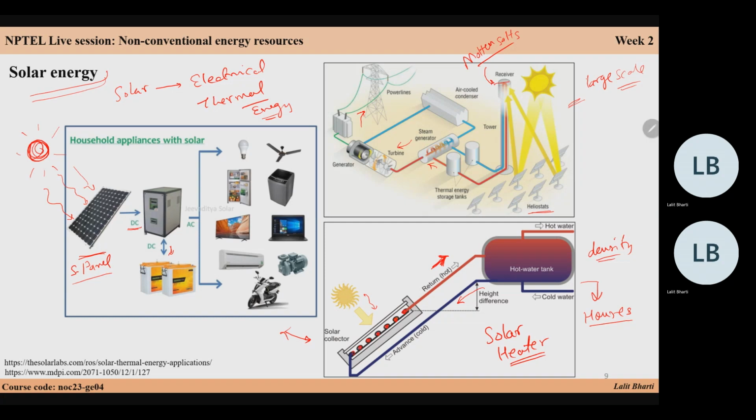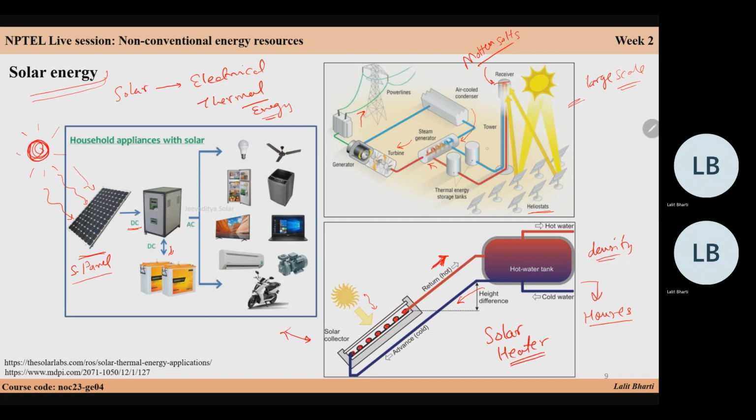Then this steam will be cooled down in this condenser, and it will again be fed back to the steam generator. And during that, the temperature of molten salts will decrease, and they will again go to the receiver.